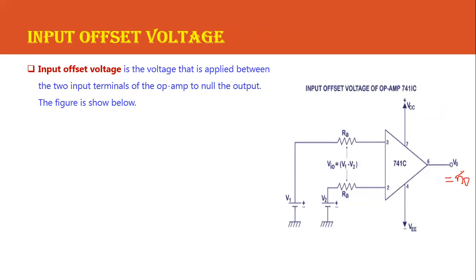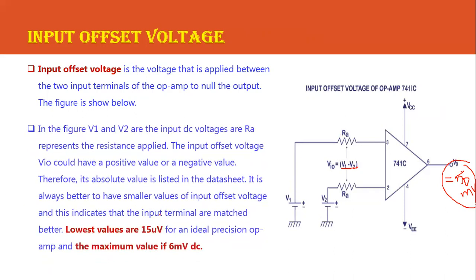In order to nullify this 50 millivolts, we connect an offset voltage at the input terminals, which is nothing but the difference between the input values of the two terminals. This voltage is said to be the input offset voltage. Typically the lowest value of this input offset voltage is 15 microvolts and the maximum value will be 6 millivolts DC.